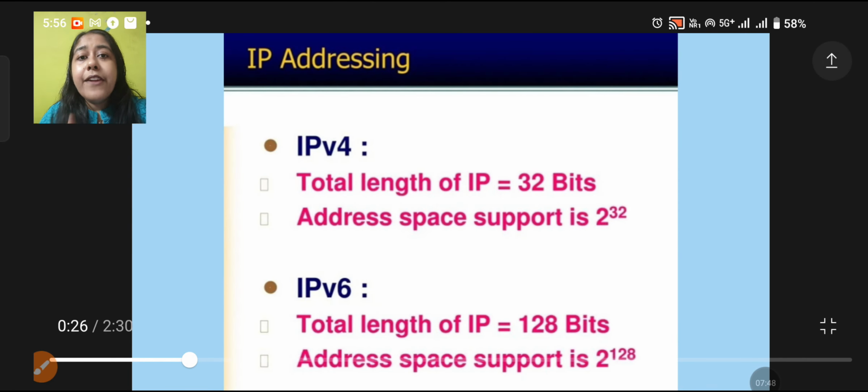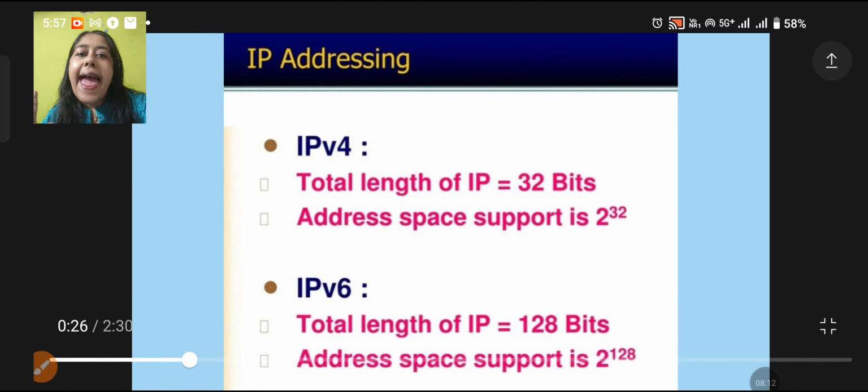Now IP addressing: we have two kinds of addressing, that is IPv4 and IPv6, which I have already told you. This class is for IPv4, but I will tell you what IPv6 is also. For IPv4, the total length of the IP address is 32 bits, but in IPv6 it is 128 bits.